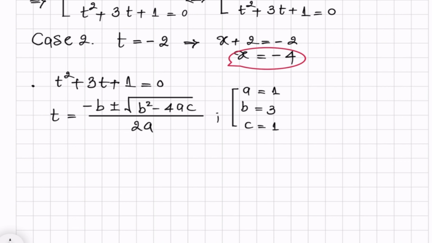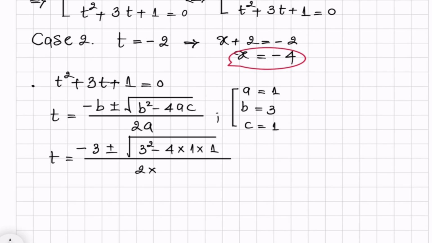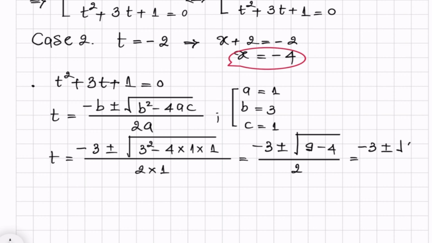So we will get t equal to minus 3 plus or minus square root of 3 squared minus 4 times 1 times 1, over 2 times 1. Then equal to minus 3 plus or minus square root of 9 minus 4, divide by 2. Then we will get minus 3 plus or minus square root of 5, over 2.